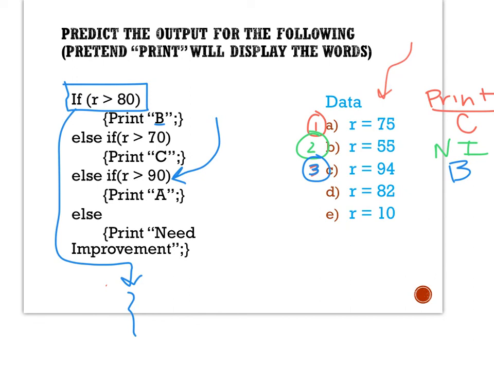So you actually need to be very purposeful when you create your conditionals, because it finds the first thing that is true. It doesn't look at all possibilities and say, this is the best choice. So in the case of this program, this person's program wouldn't work as expected. If we wanted to fix this, this would actually need to be our first statement up here to make sure that r is greater than 90 caught that A part first, caught that the 94 was greater than 90.